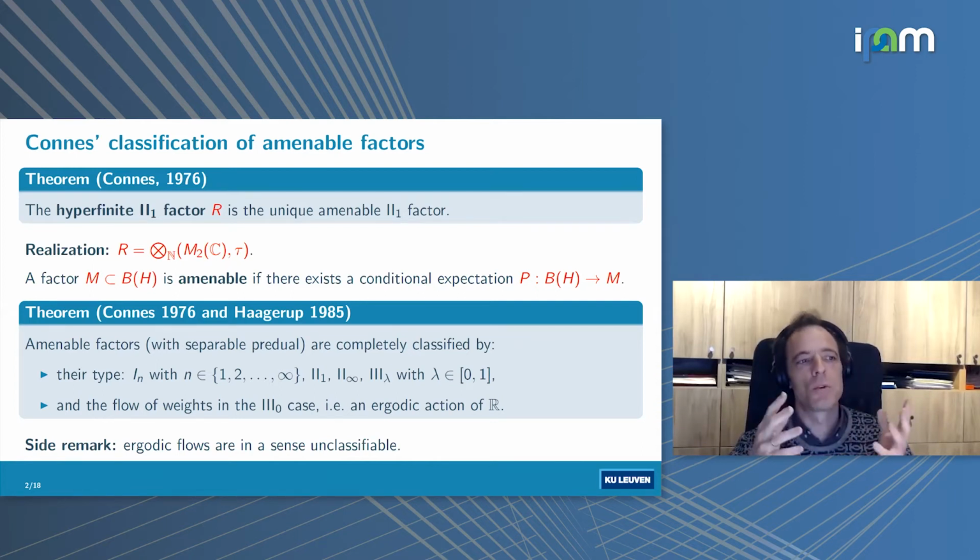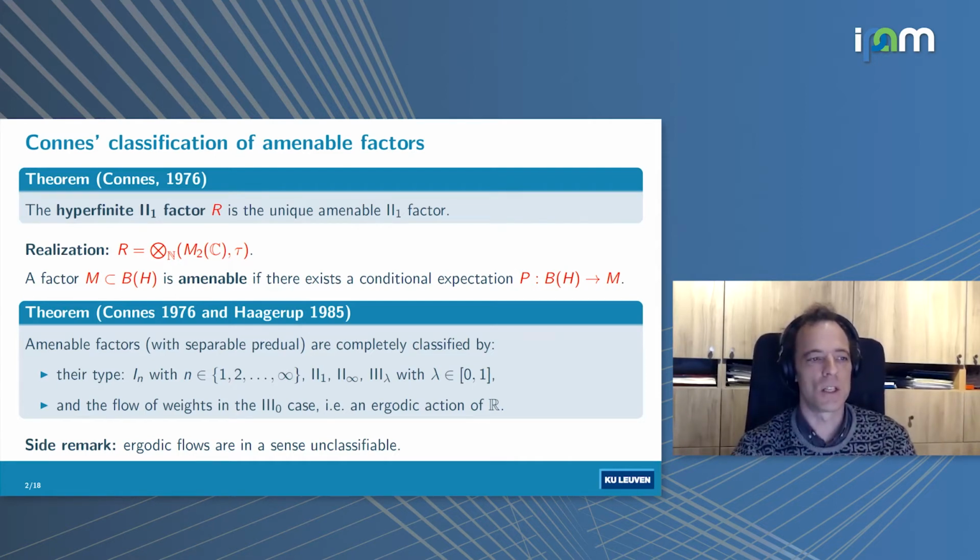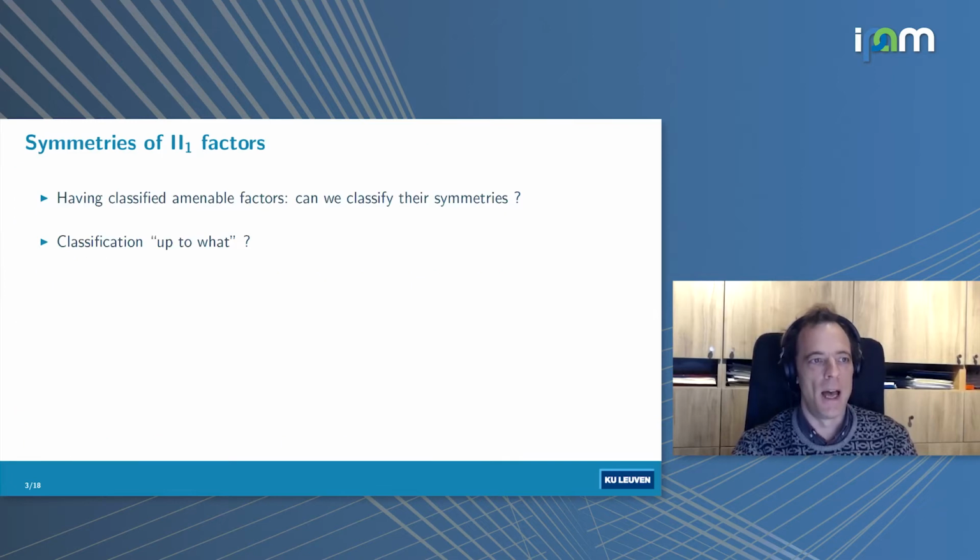And that makes you wonder about even the nature of what classification means, because of course, ergodic flows are, in many senses of the word, completely unclassifiable. I mean, there is a huge world of ergodic flows, but still, of course, this is a complete classification theorem for amenable factors.